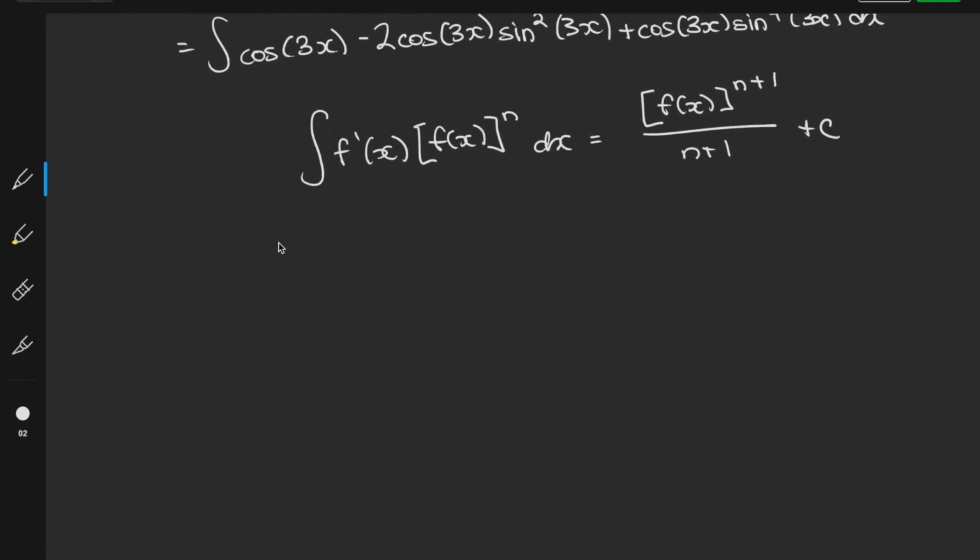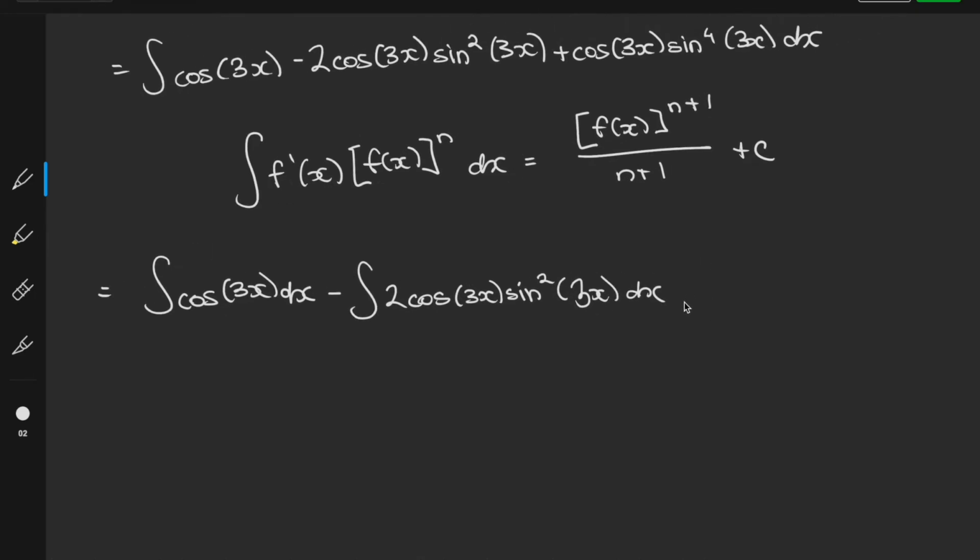So what I'm going to do is split this integral up by linearity, minus the integral of cosine 3x. Sorry, that's going to be a 2 there. Minus 2 cosine 3x sine squared.